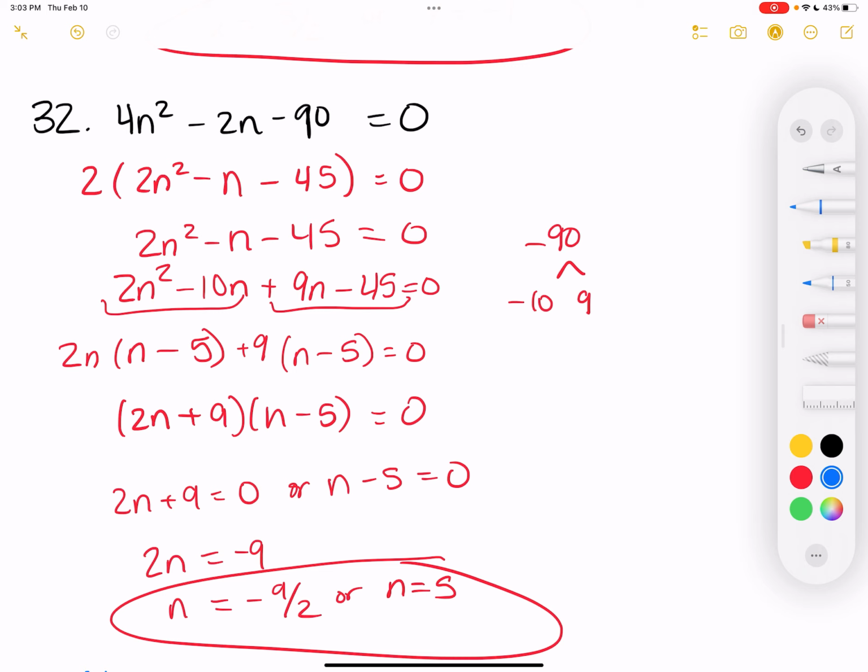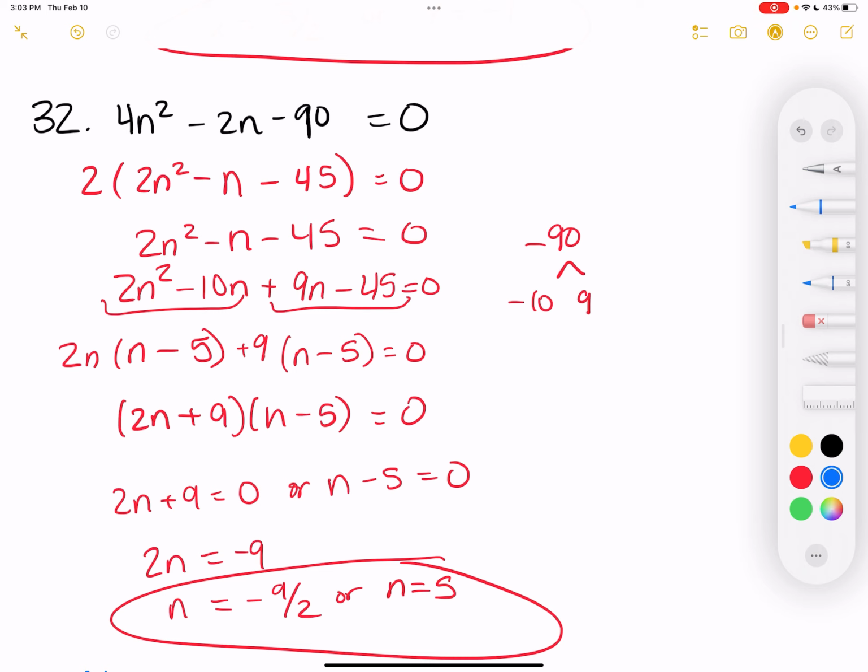Okay, so at the beginning, you take out a 2 from everything, leaving you with 2n squared minus n minus 45 equals 0. What do we think that n is for? There's no 1 there.